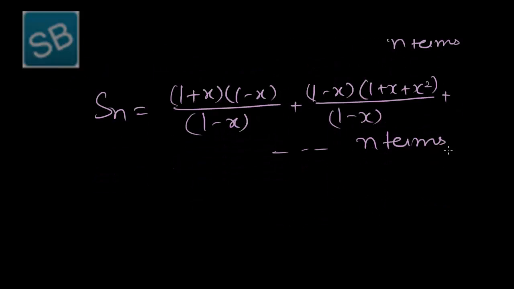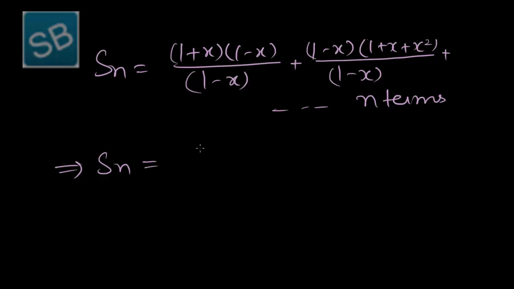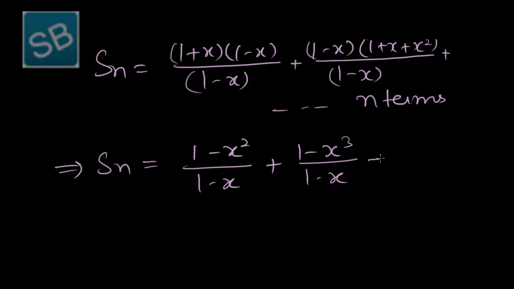So if we see, in the first term we get (a plus b)(a minus b), that is a square minus b square over 1 minus x. It is (a minus b)(a square plus b square plus ab). So it becomes a cube minus b cube over 1 minus x up to n terms.